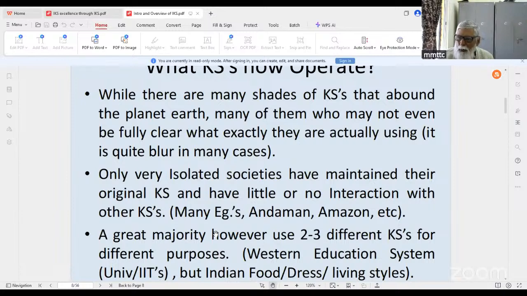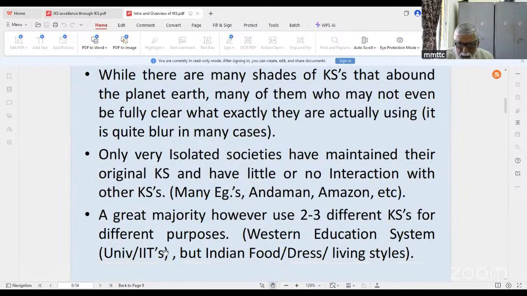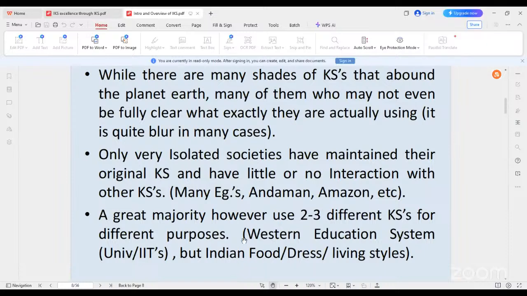A great majority, however, use two to three different knowledge systems for different purposes. For example, we all follow Western education systems, typically universities, IITs, but our food and dress and living style is the Indian knowledge system. So, most societies today live with a blended form, and then there is the ratio of that blending.